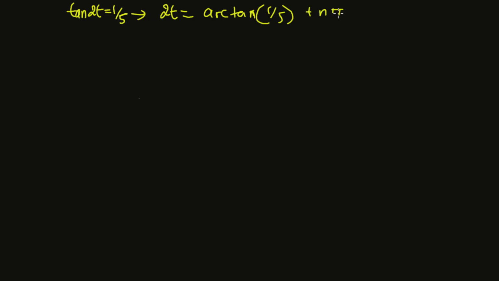That means tangent of 2t, let's write it here, is 1/5. Using the arctan, 2t is arctan of 1/5. We can add, of course, n pi every other time, then you will divide by 2. That's kind of the process. Divide by 2 to find t, and that's the way to solve.